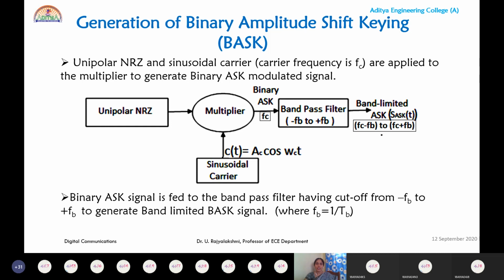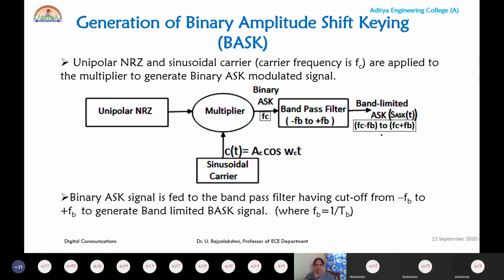Now, any other student, can you tell me what is the frequency of binary ASK? It is the same as that of carrier, because for the carrier the frequency is Fc, and for the binary ASK signal you won't have any kind of frequency variations. The frequency and phase of ASK signal is the same as that of carrier, but we'll have only amplitude variations.